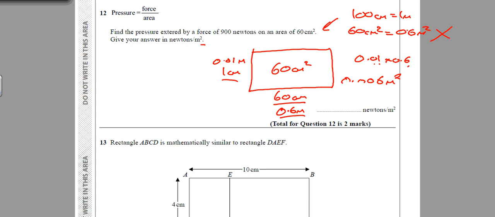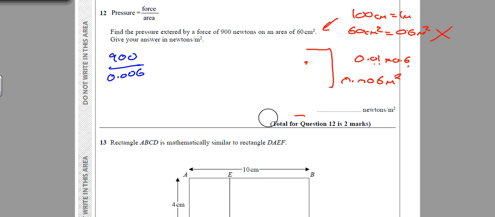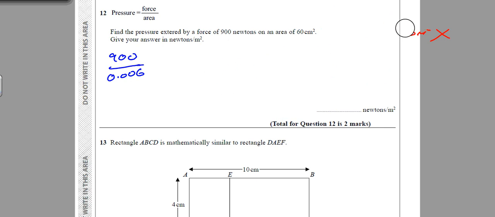So we've got to do 900 divided by 0.006. And so we're dividing by a decimal now. The key thing here is being able to convert between centimeters squared and meters squared.